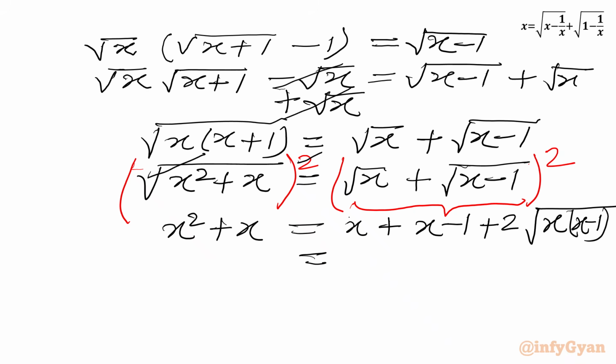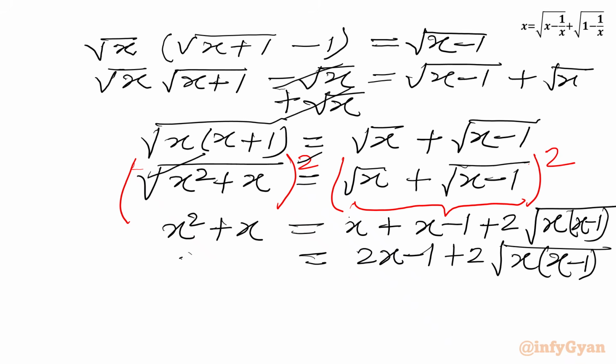Now we will write here x plus x, that is 2x, minus 1, plus 2 times the square root of x times (x minus 1). In the LHS we have x square plus x. Now we will subtract 2x from both sides and add 1 to both sides.